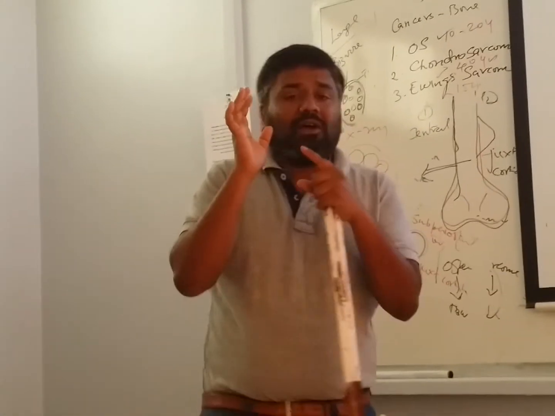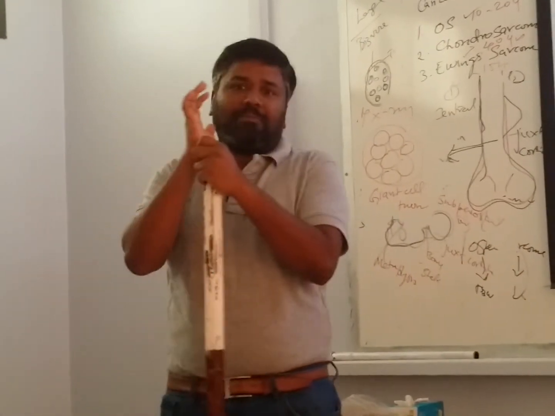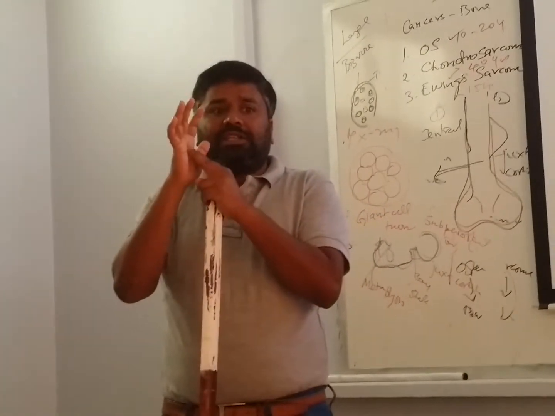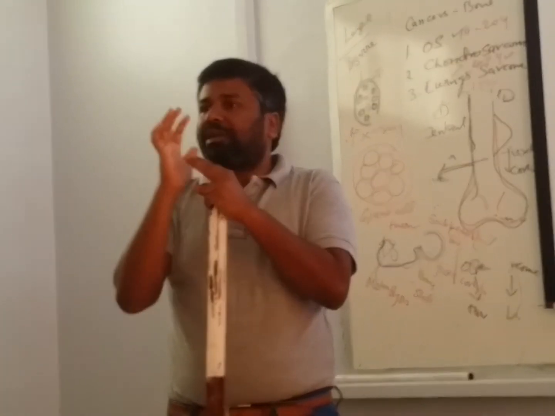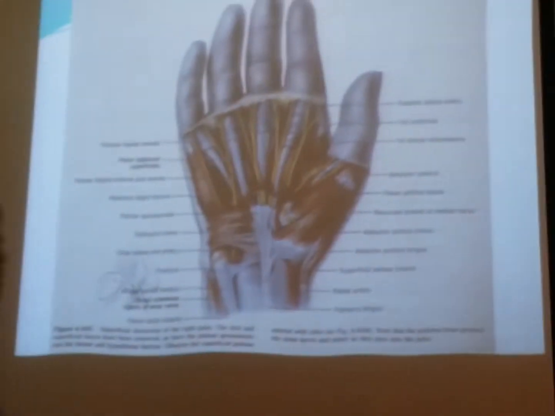Am I clear? Okay. So let's look into what are these muscles which make up the thenar eminence and the hypothenar eminence, and what are the extrinsic tendons which are coming from the forearm and inserting into the digits. Okay. So let's learn first about the thenar group of muscles.